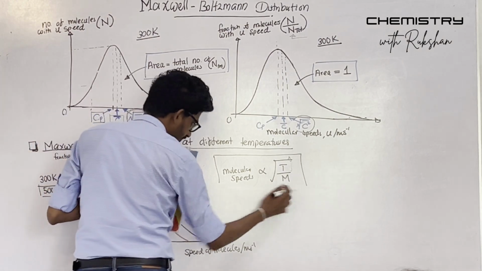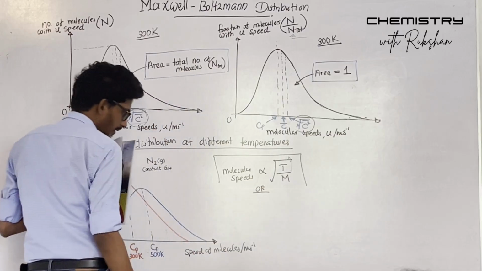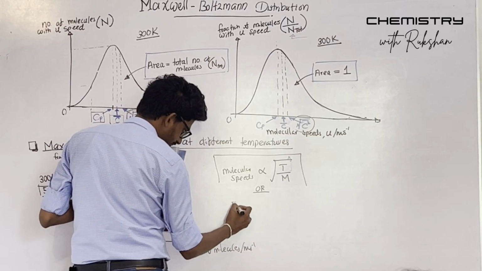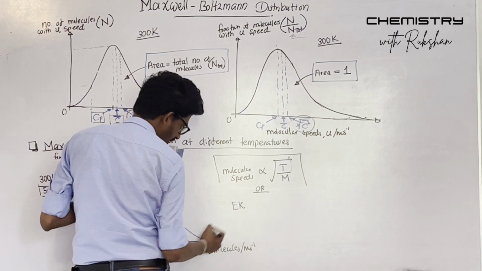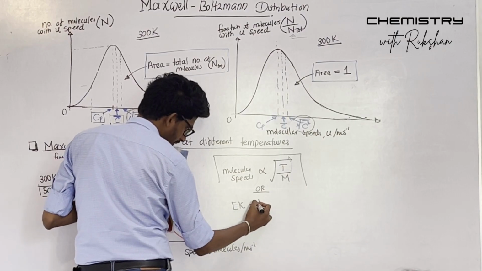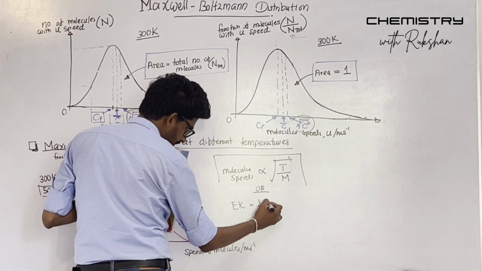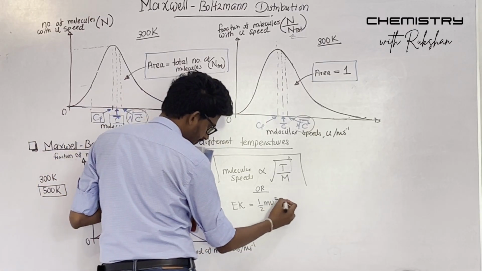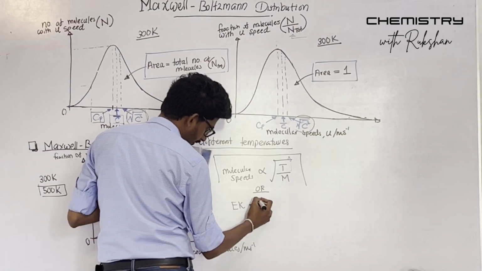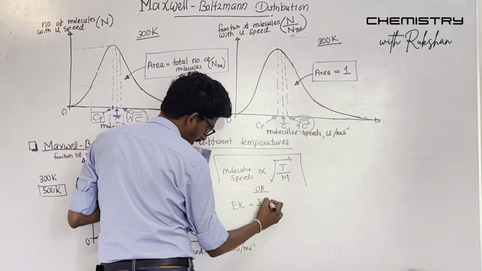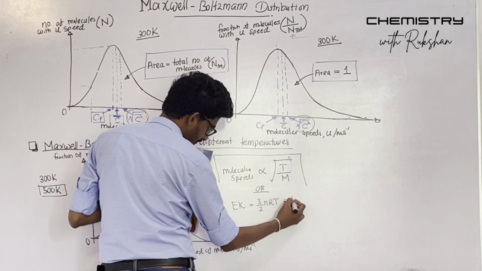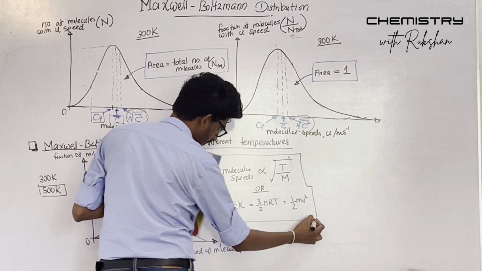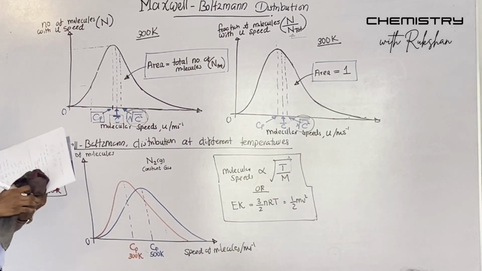We know that the average values of the kinetic energies will be given by this way. It is also equal to 3/2 RT.